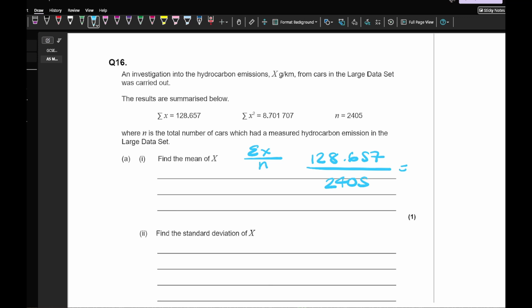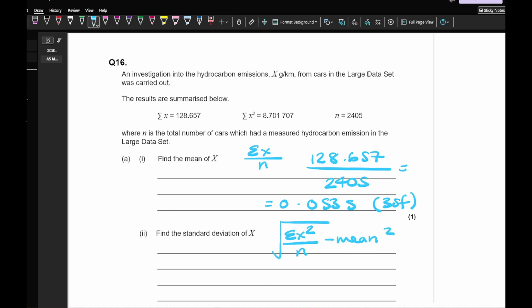And it gives me an answer of, I just made a mistake, so just bear with me. It gives me an answer of 0.0535, and that's 3 significant figures. It then says find the standard deviation of x. So for this, the formula I need to use is the square root of sigma x squared divided by n, minus the mean squared.